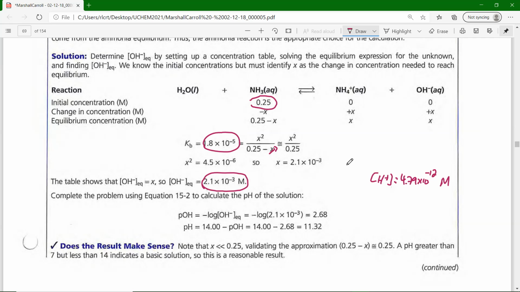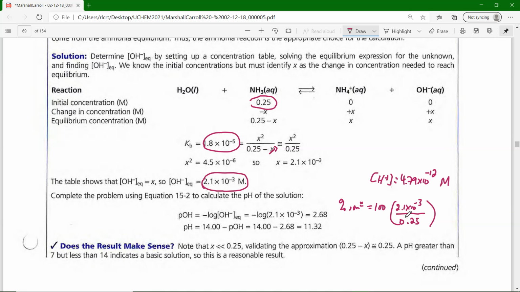So I got my pH, pOH, OH minus, NH4 plus, H plus, and my percent ionization: 100 times how much X is. X is what? 2.1 by 10 to the minus 3 over what I started with, 0.25.